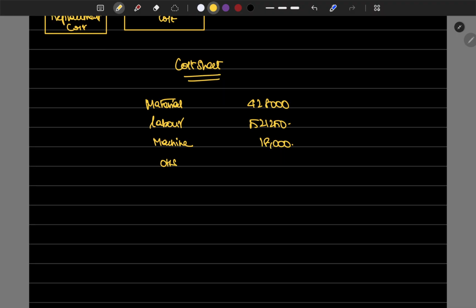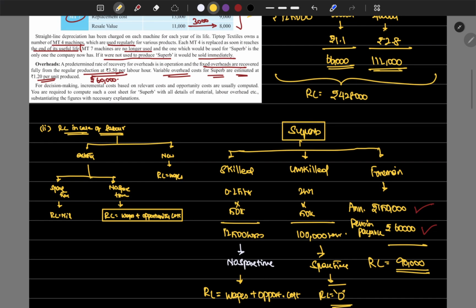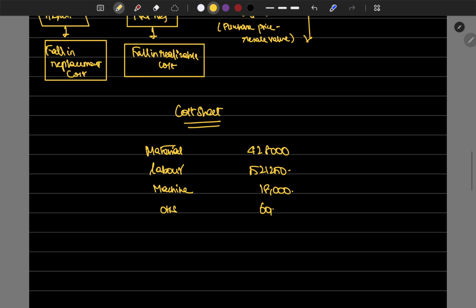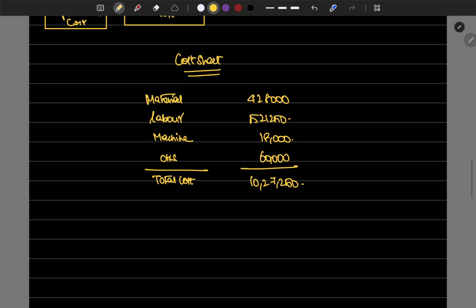The relevant cost in case of overheads is 60,000. What's the total cost? Total cost is 10,27,250.